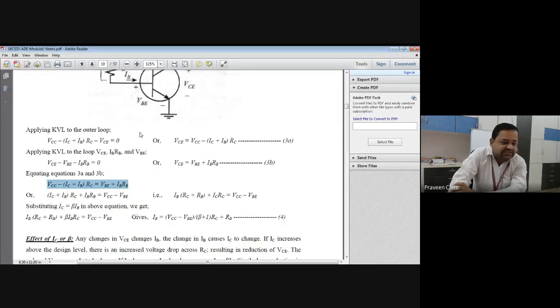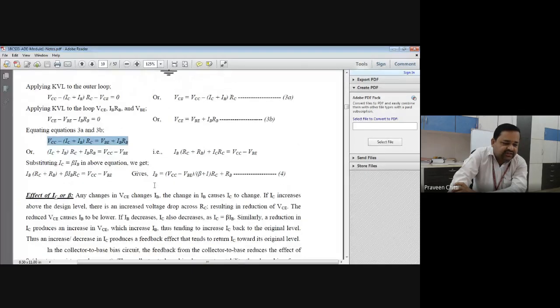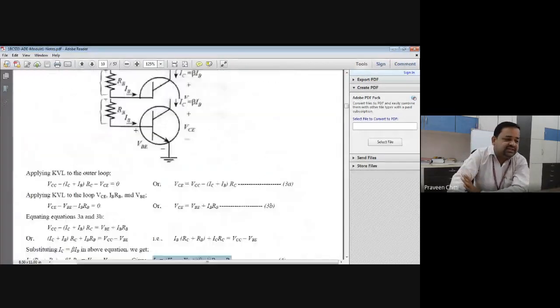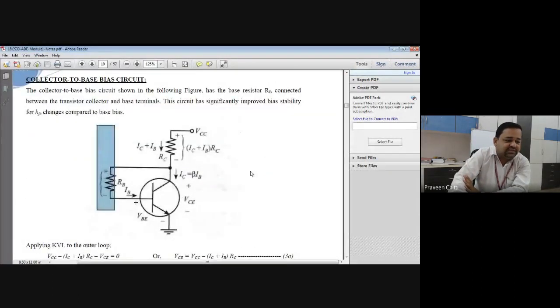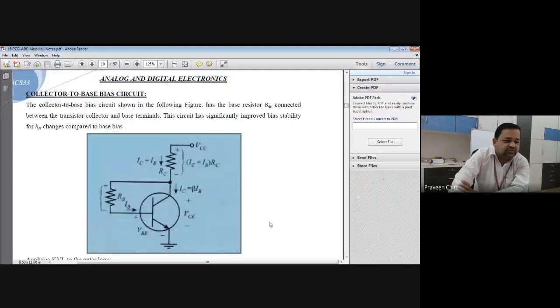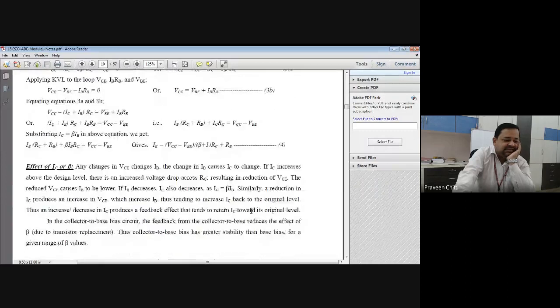Now both these equations are simplified, and from this simplification finally it can be shown that IB is equal to (VCC minus VBE) divided by (RB plus (1 plus beta) into RC). Don't bother about this, you should just know how to write these equations and how to write the output equation. So that is the collector to base bias circuit.